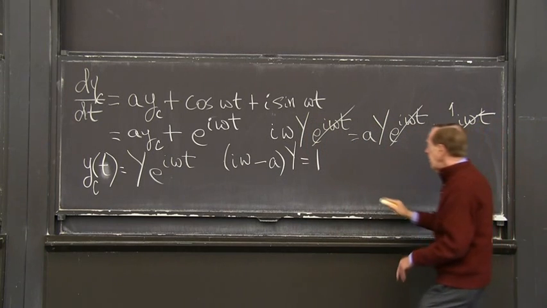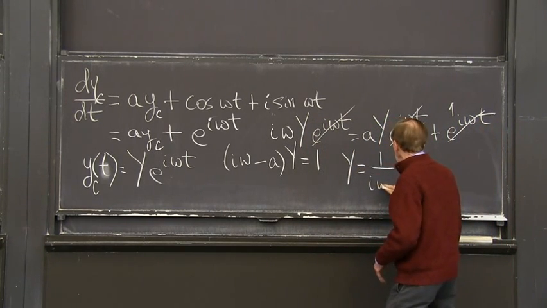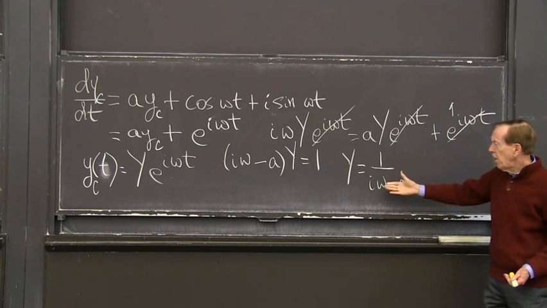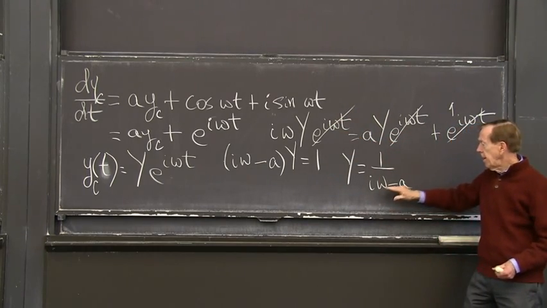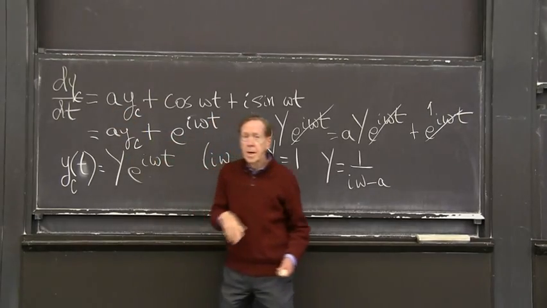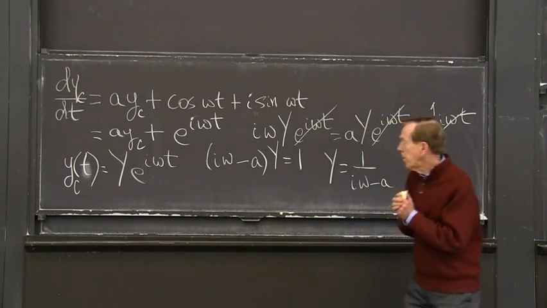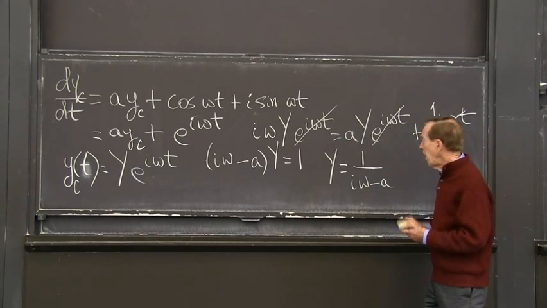So Y we now know is 1 over i omega minus a. It involves the frequency omega in the source term, and it involves the rate of growth, the constant in the zero order term. Good. That's our expression for capital Y.